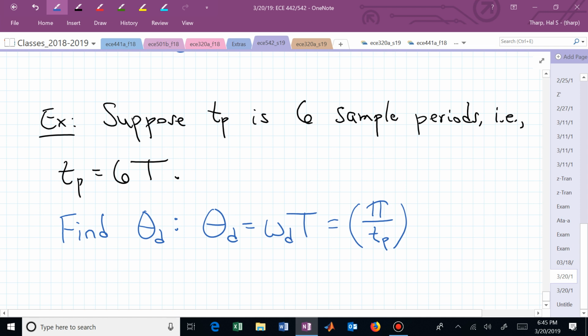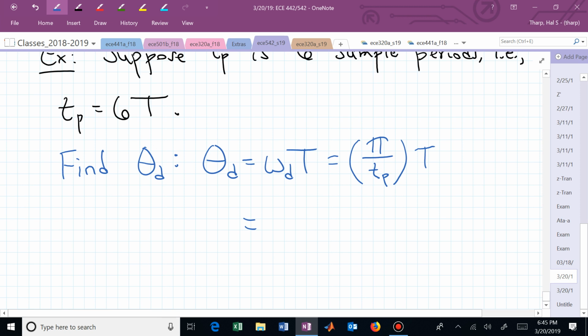But what is omega d? Omega d is pi over time to peak, and that's now times T. And what was time to peak? We said 6 sample periods.